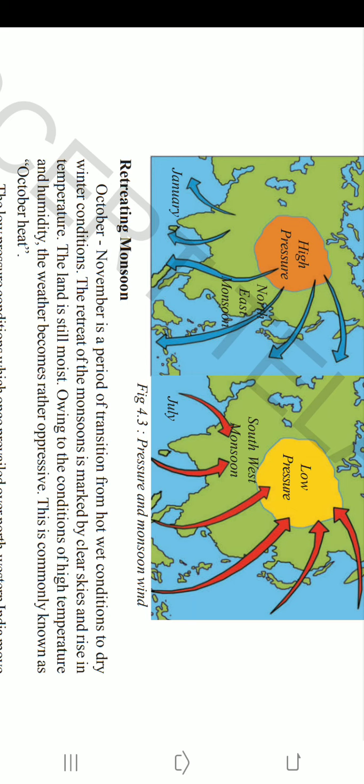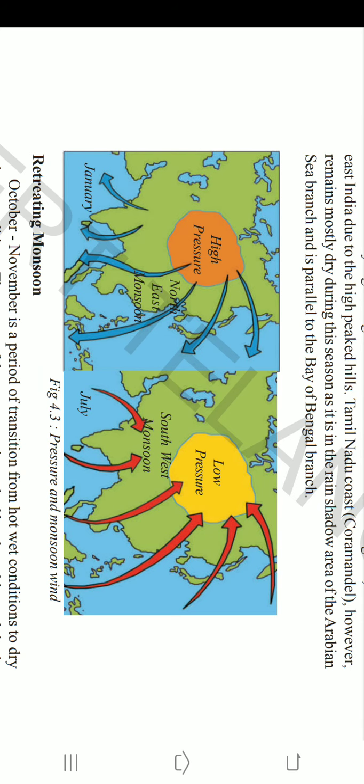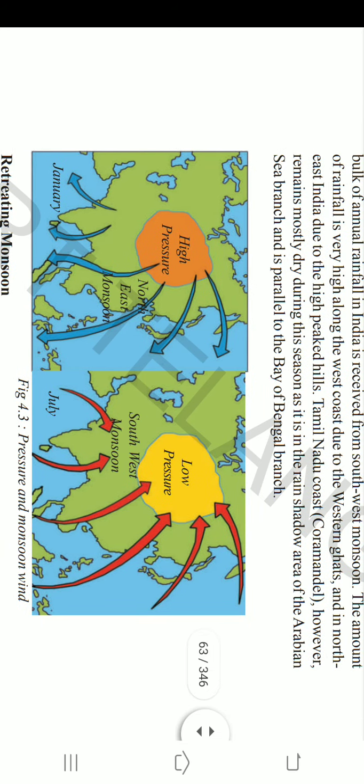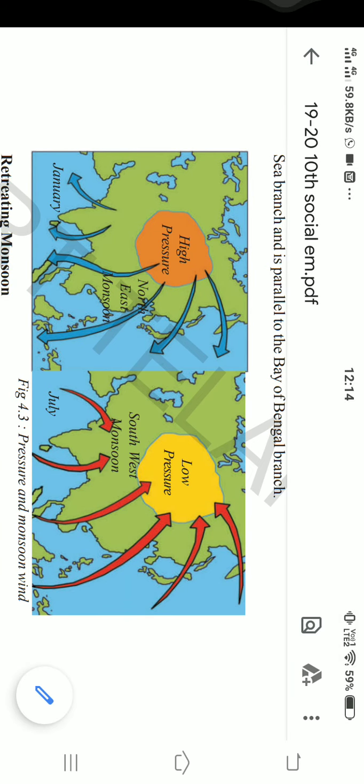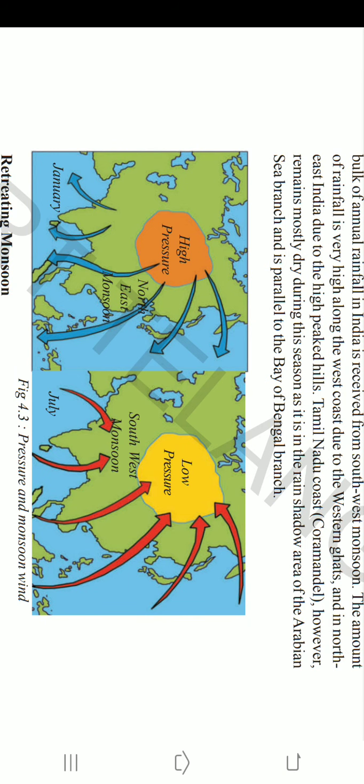This is winter season, nothing but retreating monsoons. When it comes to summer season, it is advancing monsoons. In summer, it becomes a reverse. Instead of the vertical fall of sun rays in the southern hemisphere, we see it in the northern hemisphere. We are studying the climate of India, so we will take India itself.